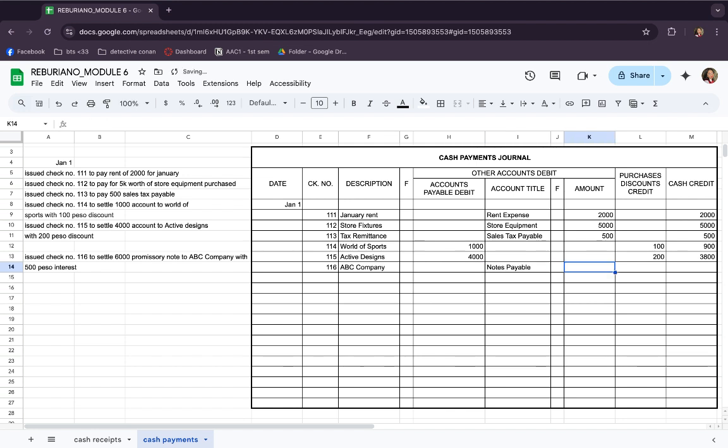The amount is 6,000. And then we have interest expense na 500. Then we will put the sum of both, 6,500, kasi yan ang total na cash na nabawasan sa atin.